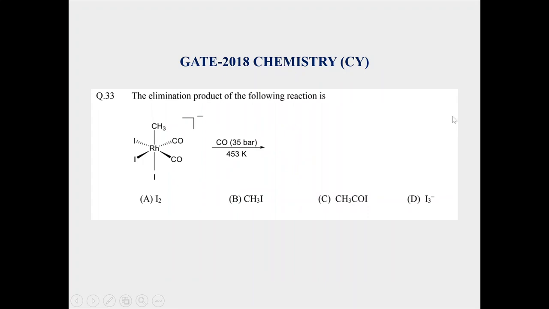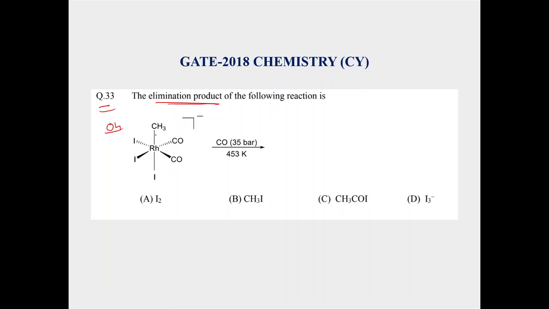We will move on to the next question, which is question number 33 from the GATE 2018 chemistry paper. The question is: the elimination product of the following reaction is. Here one rhodium complex is given with 6 ligands coordinated to it, so it's an octahedral complex.